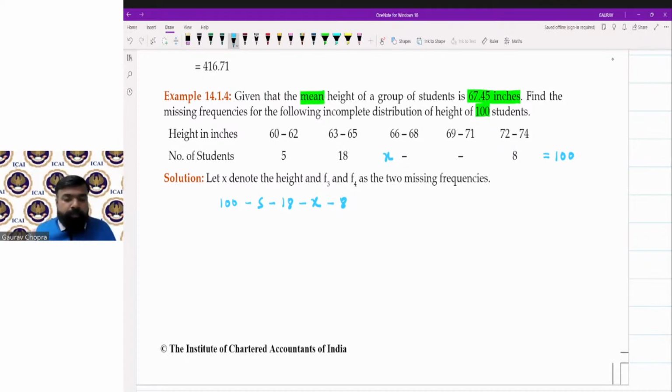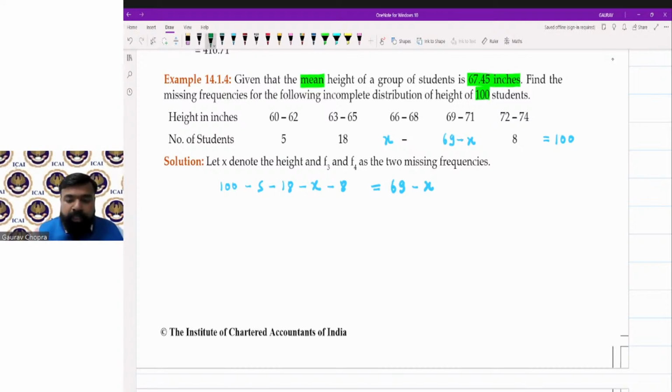So let's see how much is coming. 18 and 8 is 26, plus 5 is 31, and reducing 31 from 100 we get 69 minus x. So you can write here 69 minus x. Now you can simplify and get your answer.